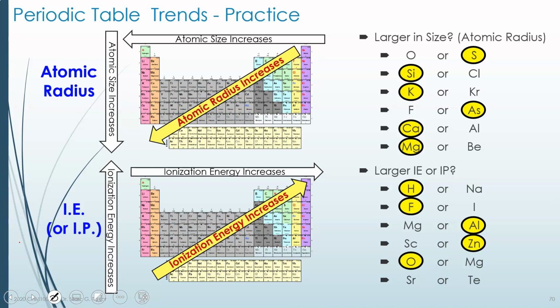It's one of the semi-metals, or metalloids. So they are in the same row, strontium and tellurium, but on opposite sides of the periodic table. The ones on the left are easier to remove an electron from than the ones on the right, therefore tellurium will have the higher IP. And with that, that is the end of the unit, and thank you very much.